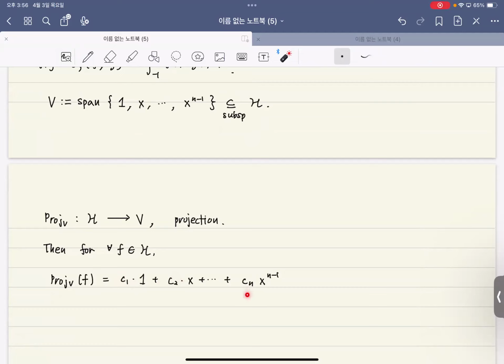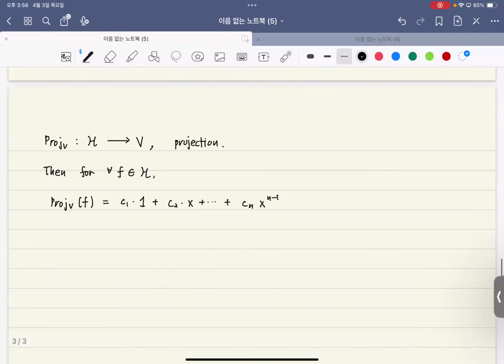So what are these coefficients? The idea is the same. f minus the projection must be perpendicular to each of these basis vectors. In other words, their inner product must be 0.